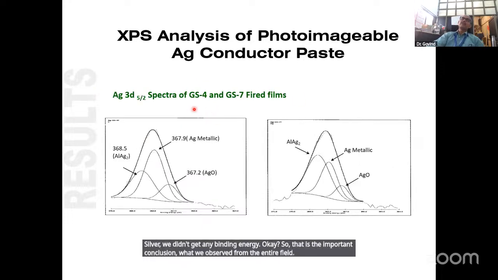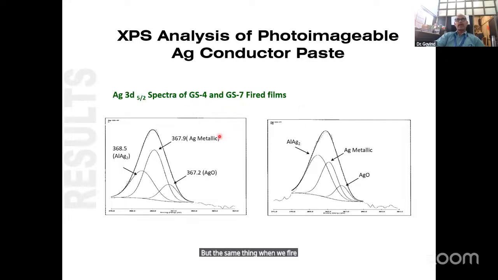But the same film, when we fired both films, sintered at 850 degrees Celsius, what happened? All the organic burned out and remained metallic silver, which has a binding energy of 367.9. There is an oxide because we sintered in air atmosphere.